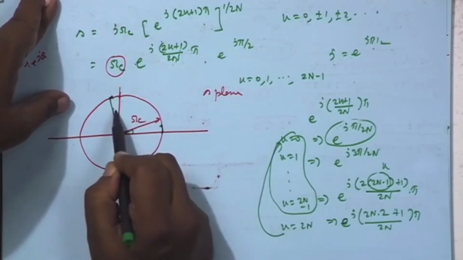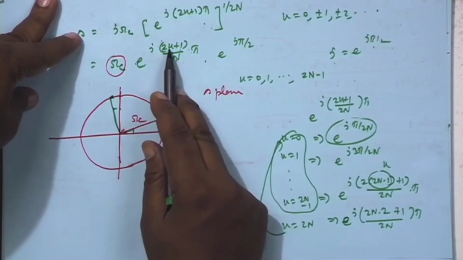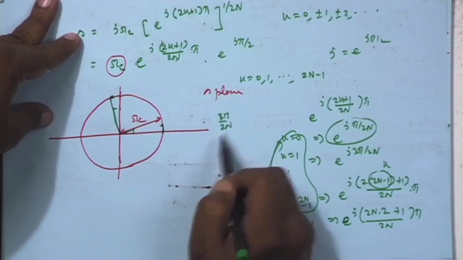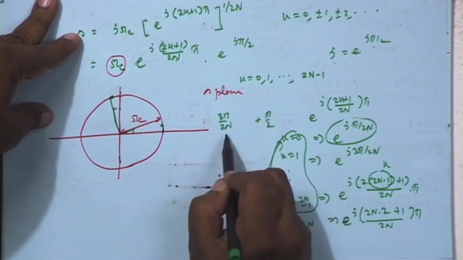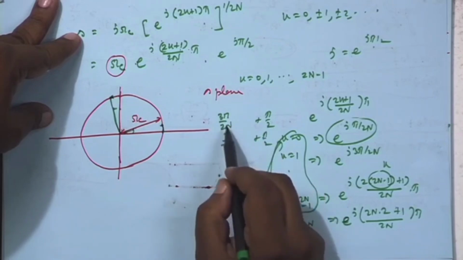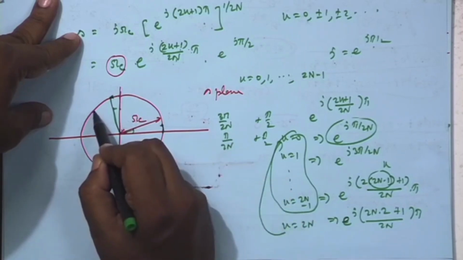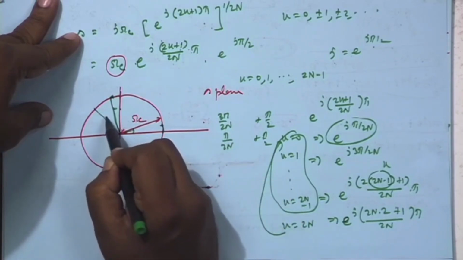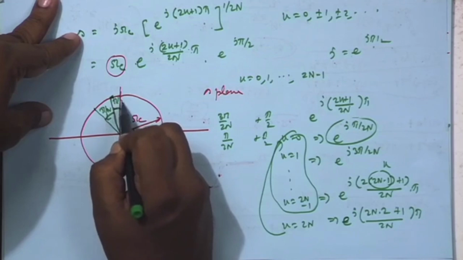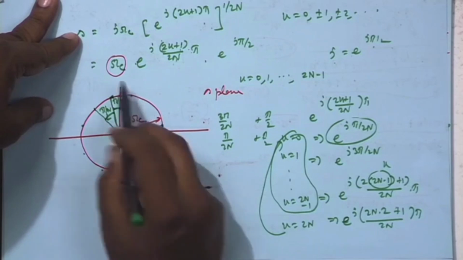So, instead of here, you go here. Then for the next pole, what will be the angular separation if you go for k equal to 1? It will be 3 pi by 2n plus pi by 2, and earlier I had pi by 2n plus pi by 2. So, how much is the gap? 2 pi by 2n, that is pi by n. All right. So, the next pole will be here, pi by n away. This much is pi by 2n, and there will be poles like this on this side also.